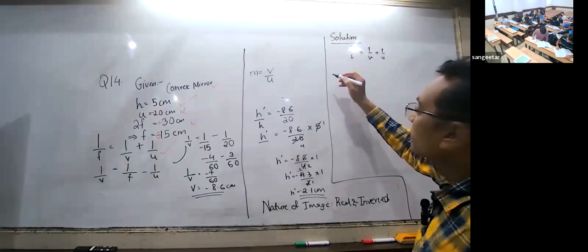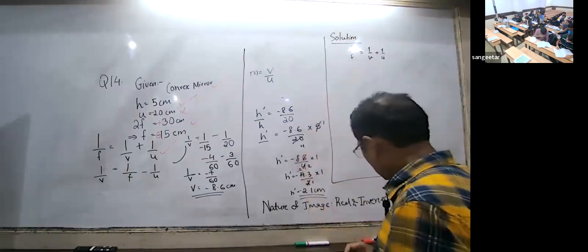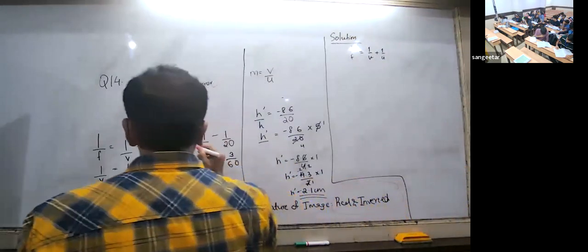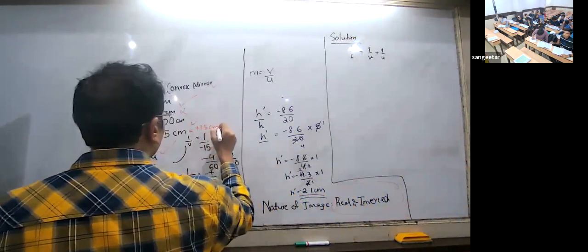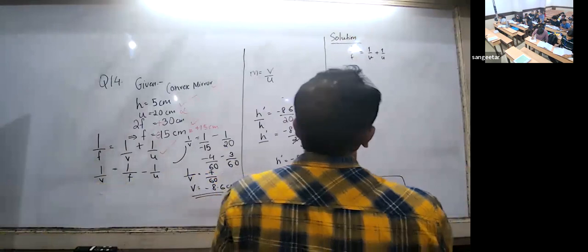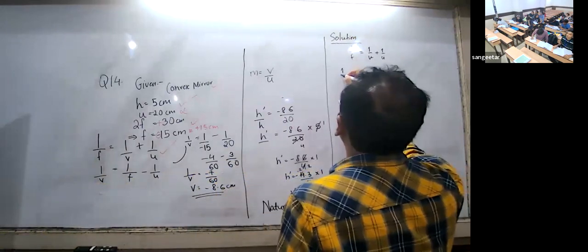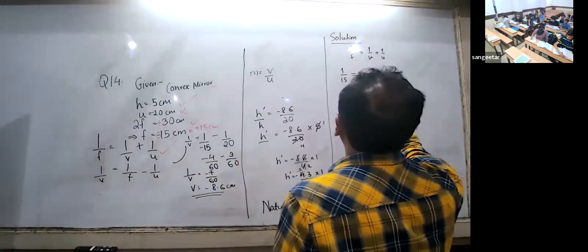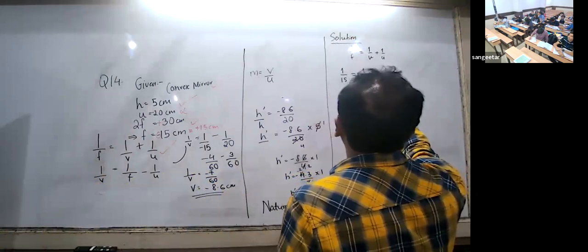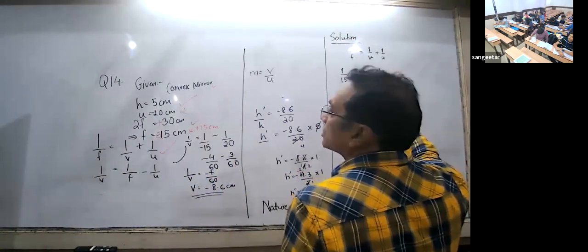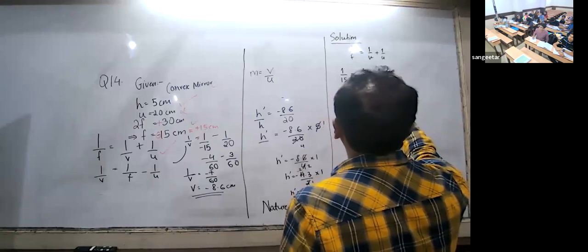F is plus 15. So this is 1 by v, we have to find v. U is equal to -20.